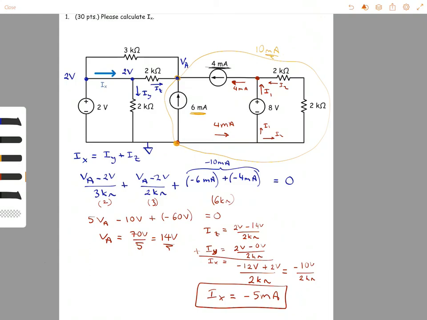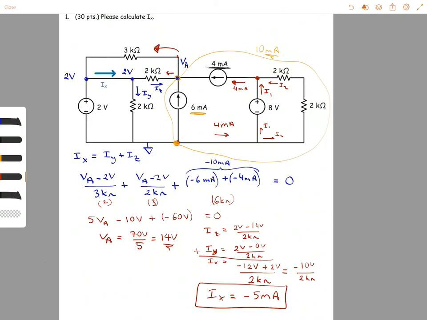Now let's try to verify our results to see if this makes any sense. If VA is 14 volts, how much would be the current coming out this way? Because the currents that are leaving this node have to sum to 0.